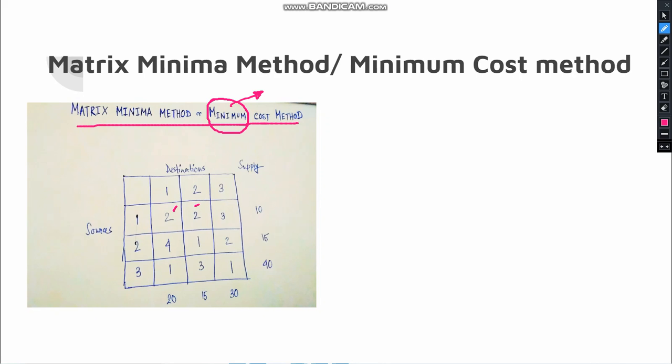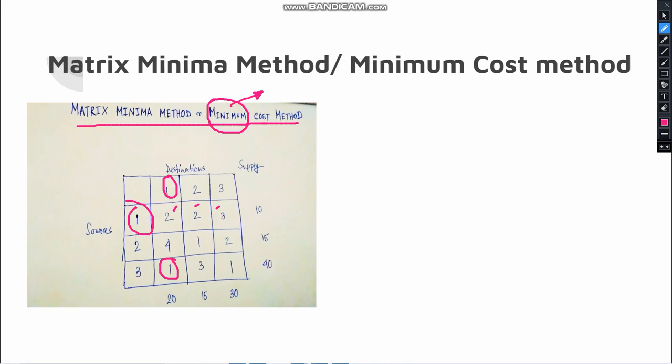Since these numbers indicate the cost of transportation of a single unit from a certain source point to a certain demand point, like 2 is the cost for a single unit from source point 1 to demand point 1, now you have to find out the minimum cost from all this.